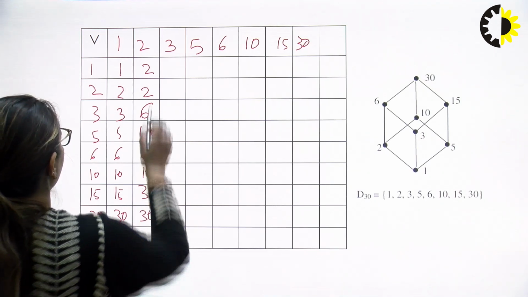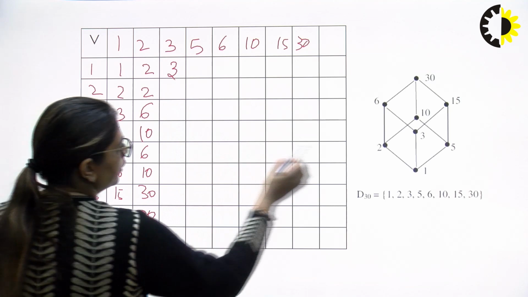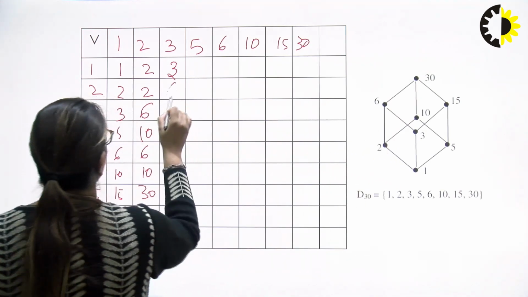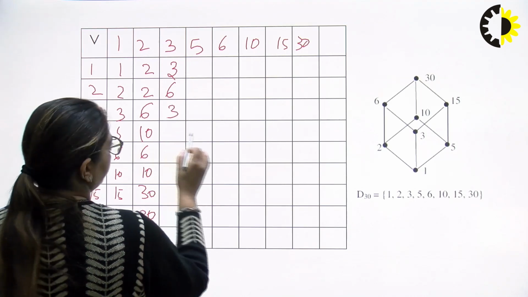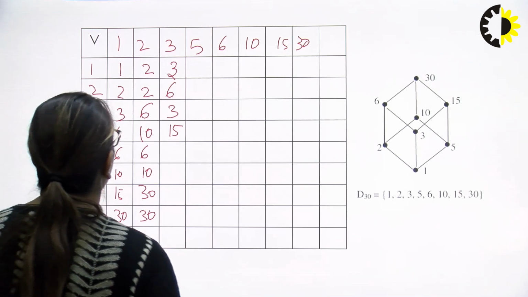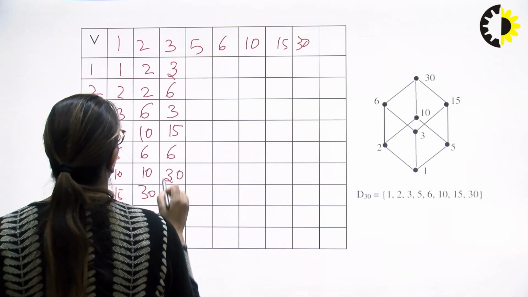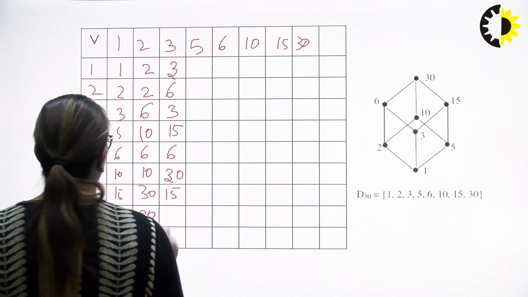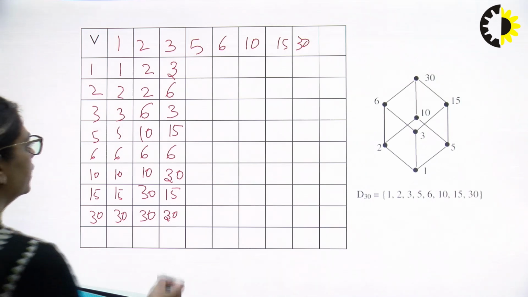Now 3, 3 and 1, 3, 3 and 2, it is 6, 3 and 3, it is 3, 3 and 5, it is 15, 3 and 6, it is 6, 3 and 10, it is 30, 3 and 15, it is 15, 30, right? This way you can create the whole table.